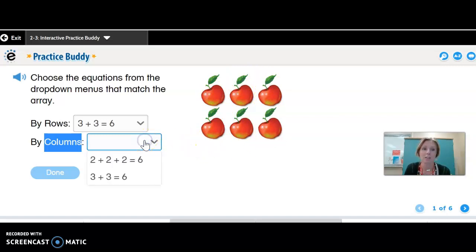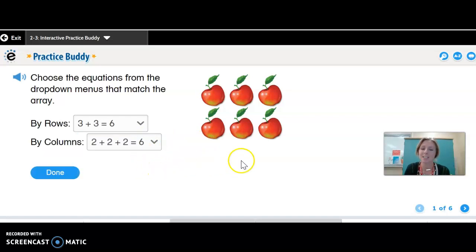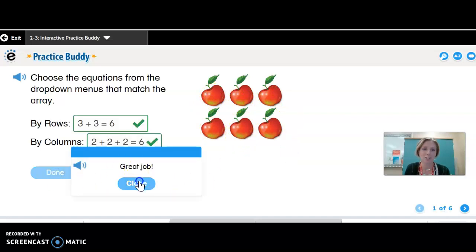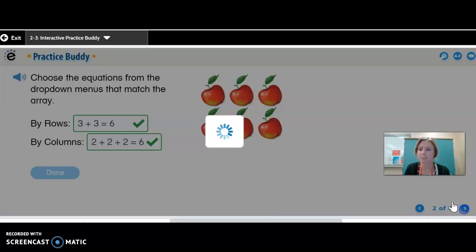Let's check this out. 2 plus 2 plus 2 is equal to 6. Did we get 6 for both of those answers? However we look at it, either by the columns or by the rows, it's going to equal the same number. We got all the apples. 1, 2, 3, 4, 5, 6. Nice job. Let's go on to the next page.